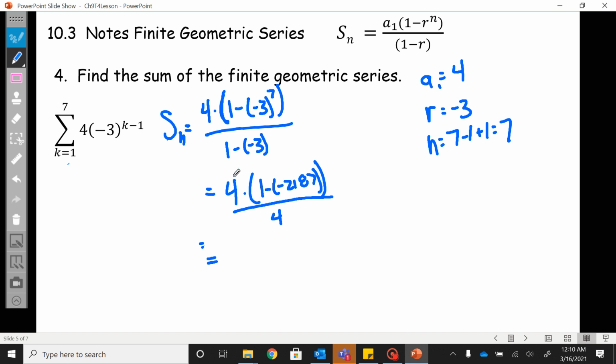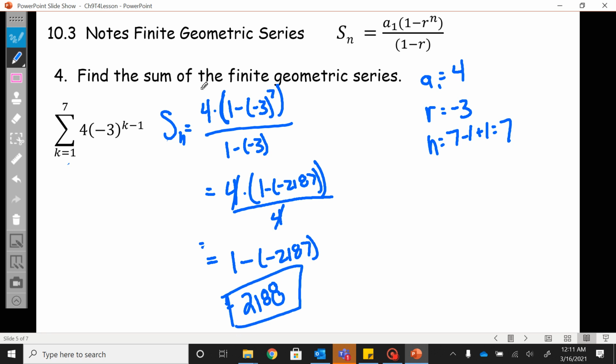Those 4s are going to cancel. So all we have is 1 minus negative 2187, which is 1 plus 2187, which is 2188. That would be the sum of my series. So from term 1 to term 7, this formula calculates the sum of that series, and that's what we get. Making sure I've done all my calculations properly, we get 2188. Okay, not bad.